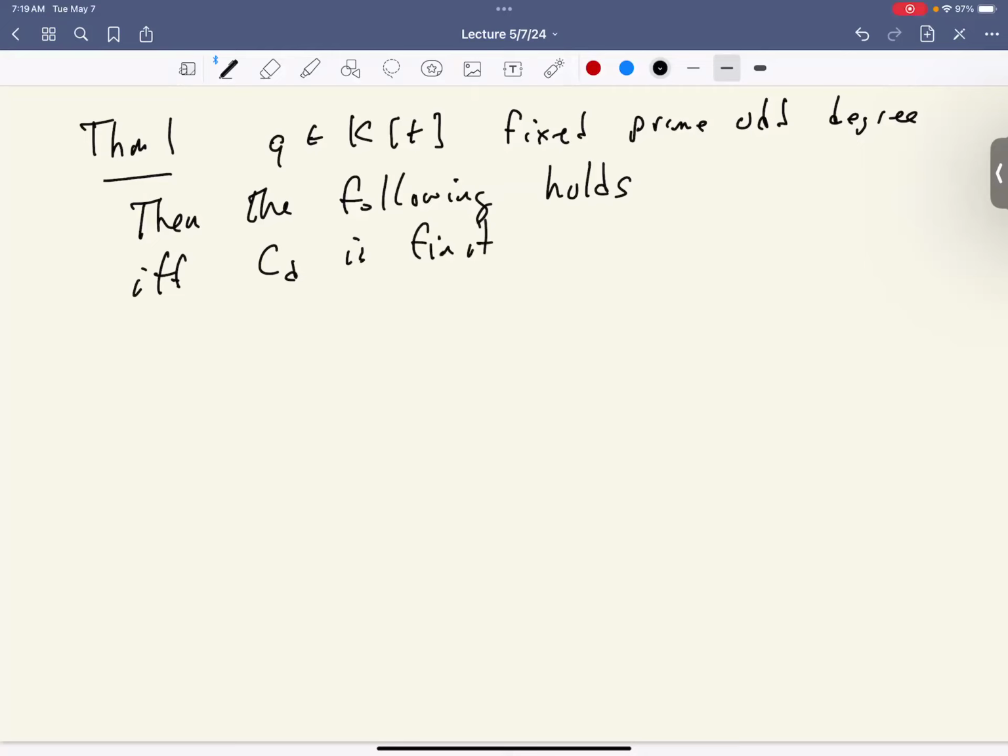So the class number is finite. And what is the statement? Well, it's what I did before. So it's Q over P is 1 implies P star over Q is 1 for all P not equal to Q. Odd or even, doesn't matter.